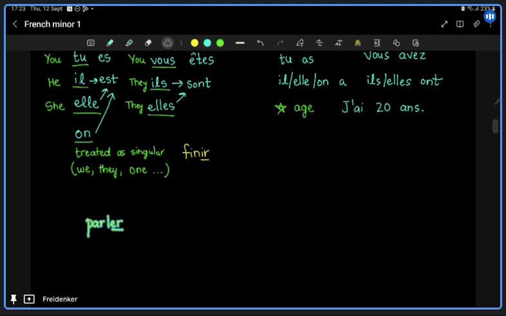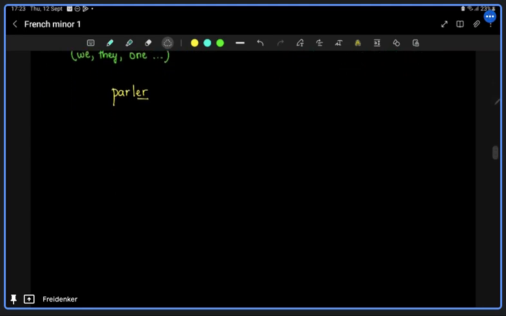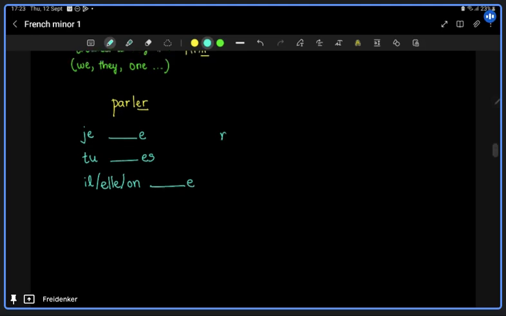The other standard conjugation that you are expected to know is how to write er ending verbs. So with er ending verbs, you basically replace the ending. For je, it is e. For tu, it is es. For il, elle, and on, it is the same as je. Then you have nous, the same thing: you replace er with ons.